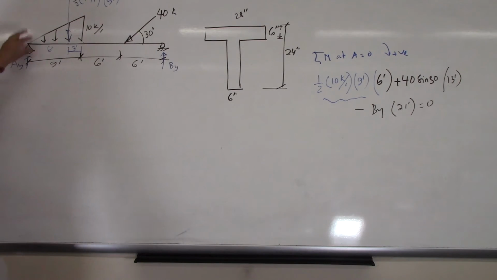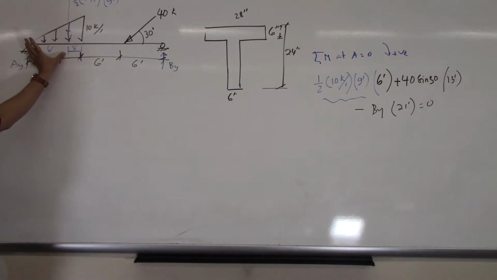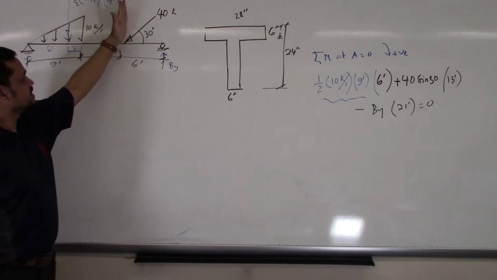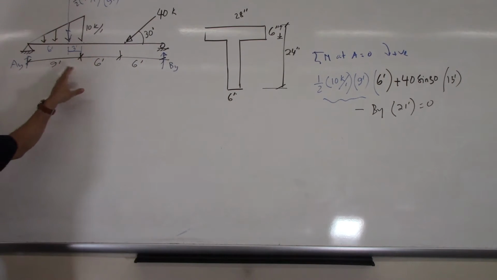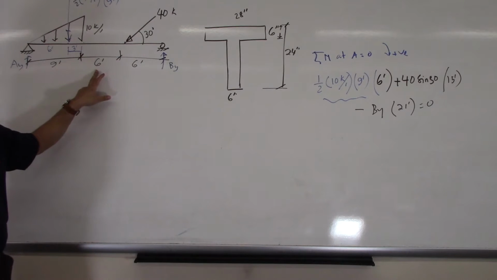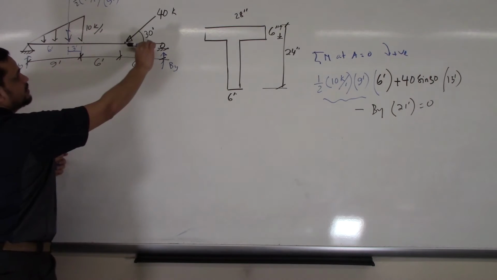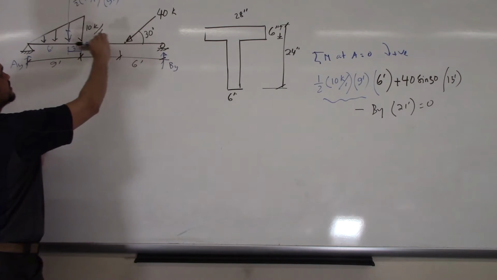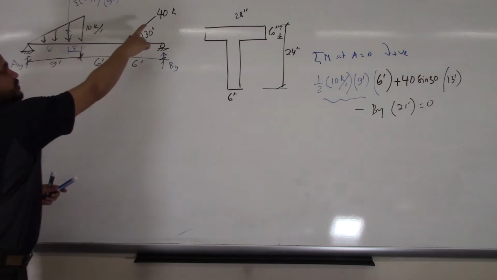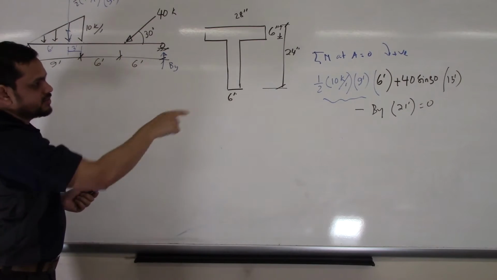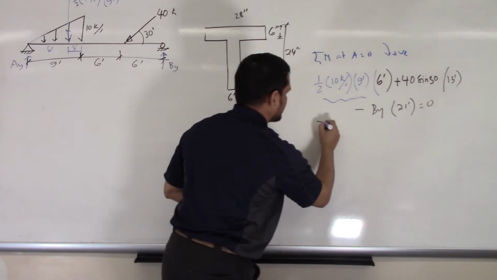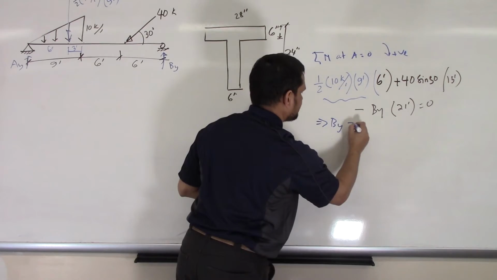I took moment at A. My first force is this force acting at 6 feet. The next is this component, 40 sine 30, at a distance of 9 plus 5 plus 6, that is 15. Why did I not take this other component? Because it goes through this point, so 40 cosine 30 has no moment. Then By is counterclockwise, so minus.